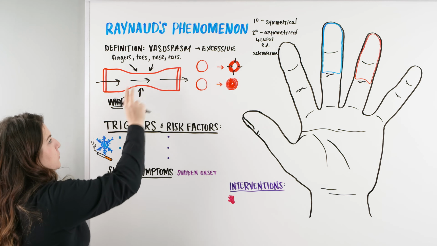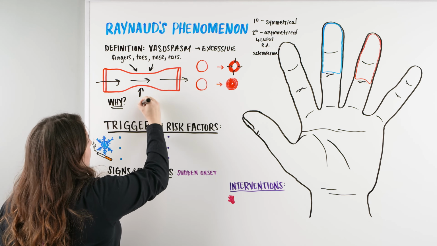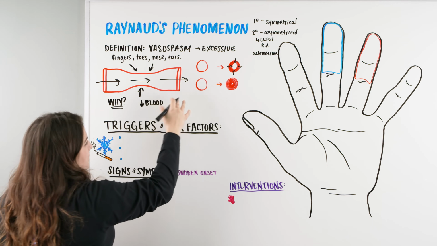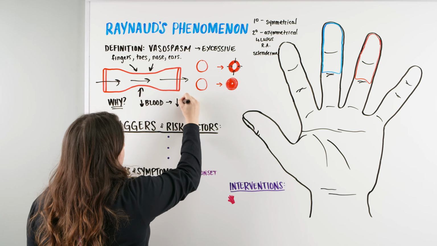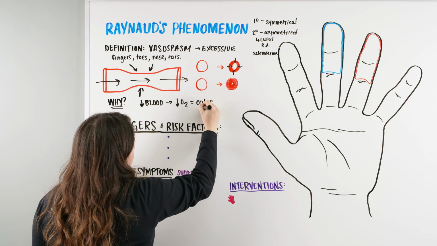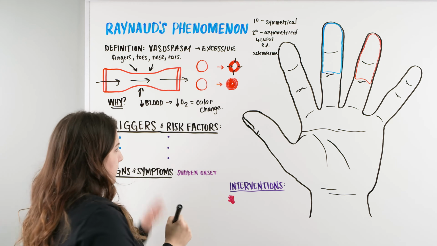Why does it occur? So we have this constriction. When we have this vasospasm, we have a decrease in the blood flow to the area when it constricts. Because of that, we have a decrease in oxygen, and that's going to cause our color change. And you're probably like, Kristen, what are you talking about? Why are you saying color change?